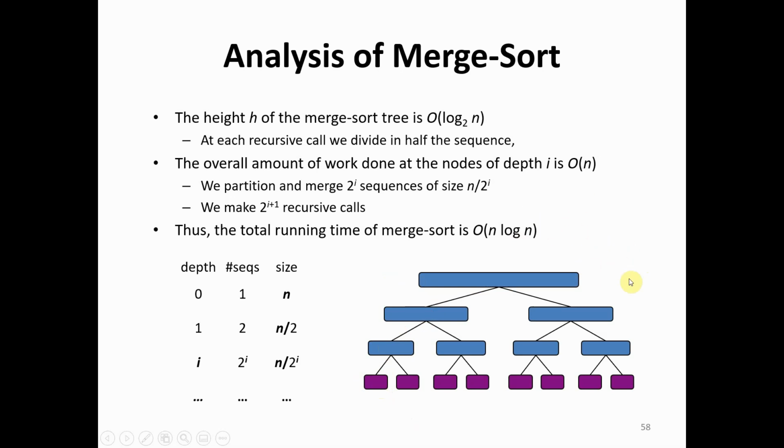So x has to be log n in base 2. So for the division part, we have log n in base 2, and at each of these steps we have to do merging, which is going to be big O notation n. So the total running time of merge sort is big O n log n.